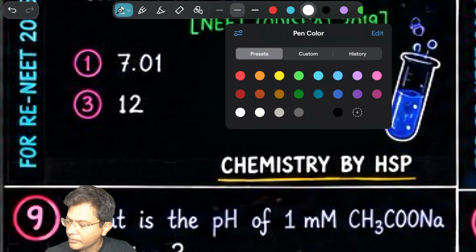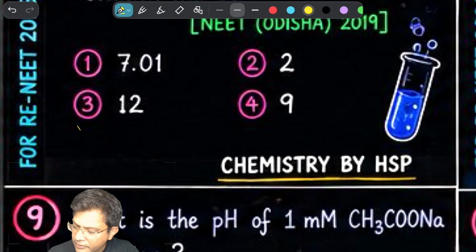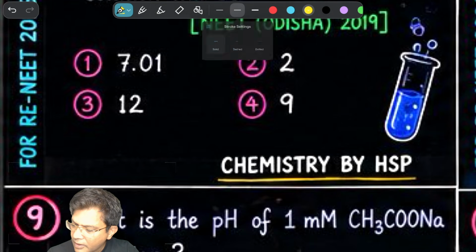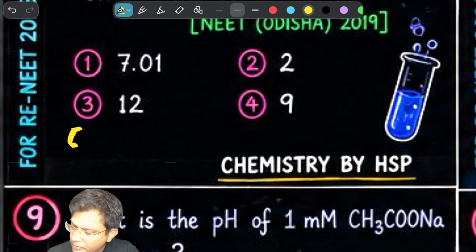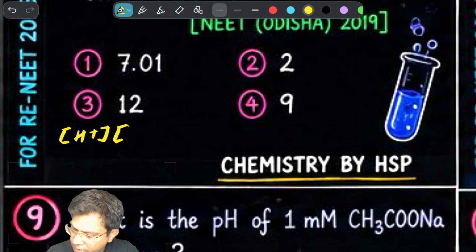I know that H plus into OH negative is equal to 10 raised to power minus 14.